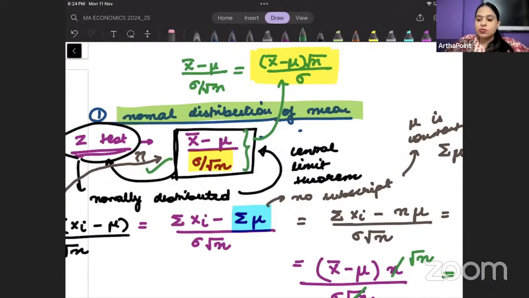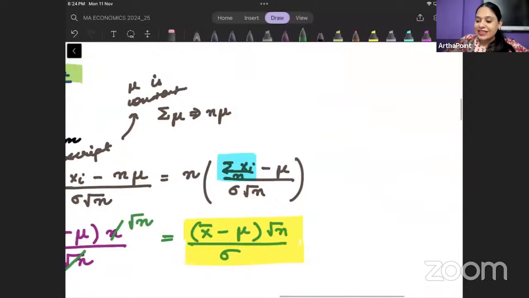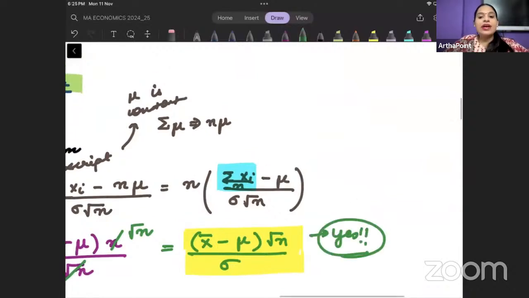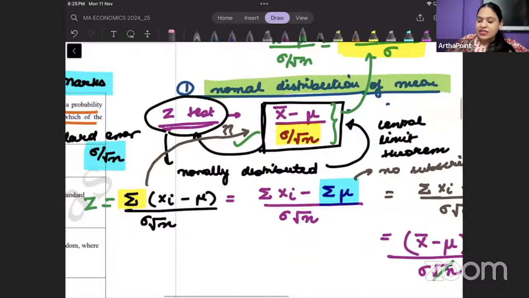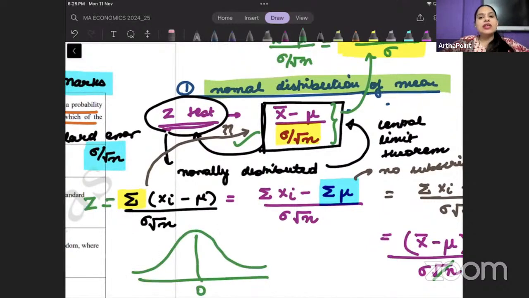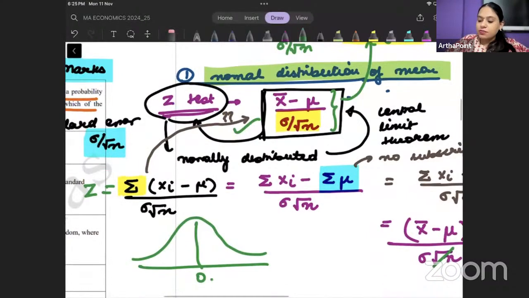Because it is normally distributed, we are able to write it in the standard normal format. So the answer is that yes, this is a true statement. It will follow standard normal distribution because this is nothing but just z. And z की तो property ही ये है that it is standard normally distributed with mean 0 and variance sigma by root n.